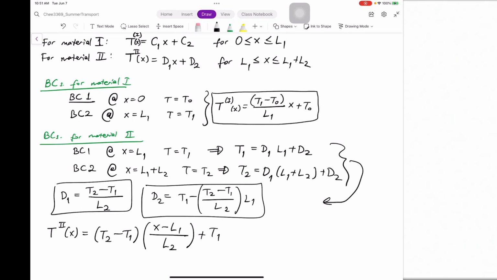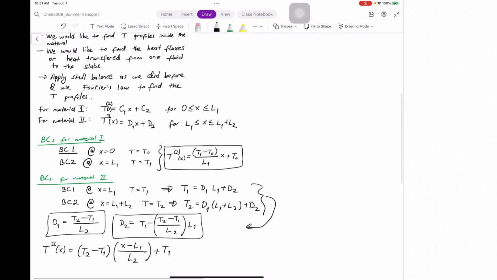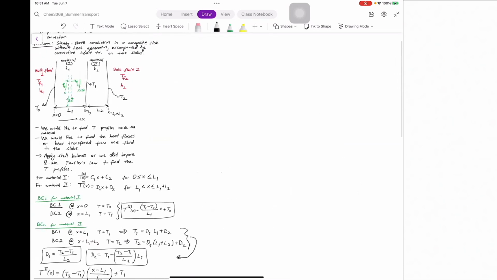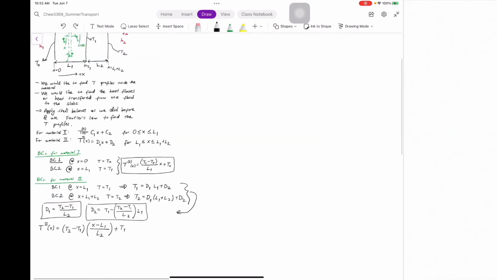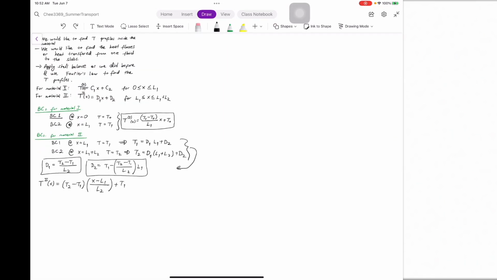Now here's the question. You can say, but it's like cheating, right? We are not given the T0 and T2, and I don't even know the T1. Is there a way to write down those T0 and T2 in terms of the given temperature? For example, the temperature of the bulk fluid 2 and the bulk fluid 1, right? The answer is yes, and that's definitely what we should do.